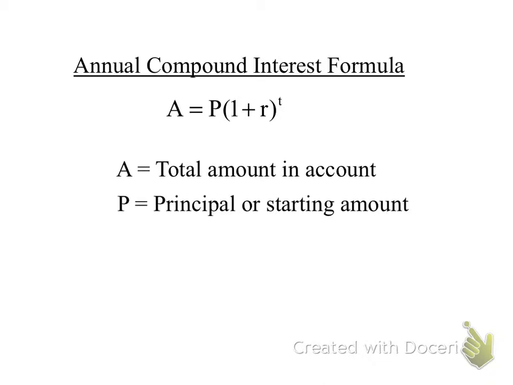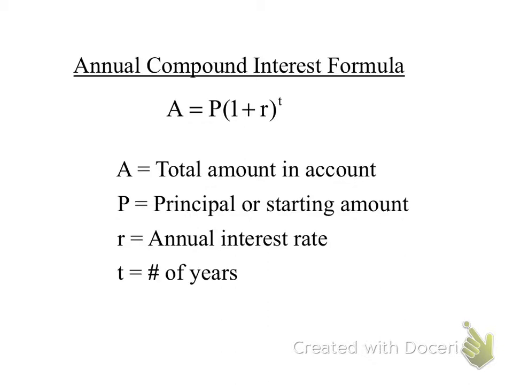The amount of money you start with. R stands for what? Your rate. And what do you think T stands for? Anybody? Time in years. They say annually, you know, they use the word annually a lot.